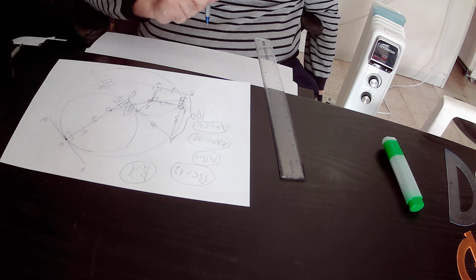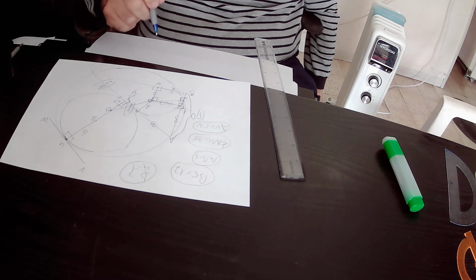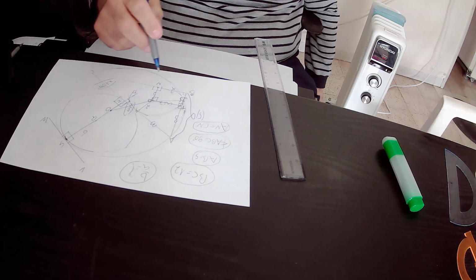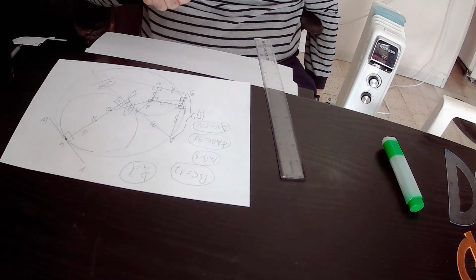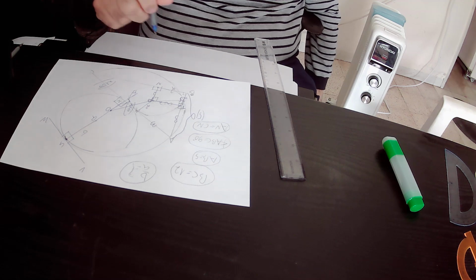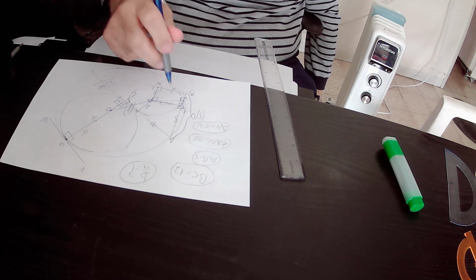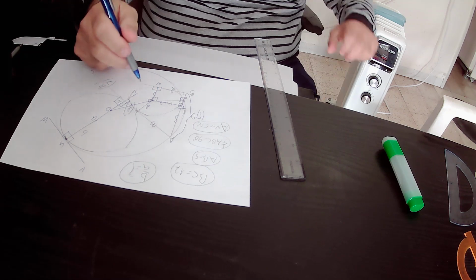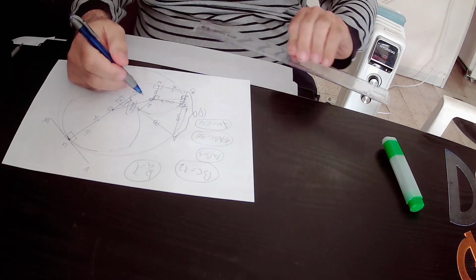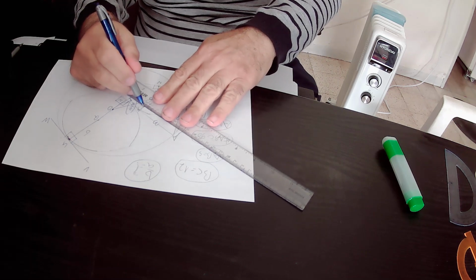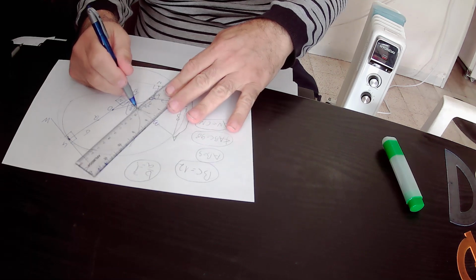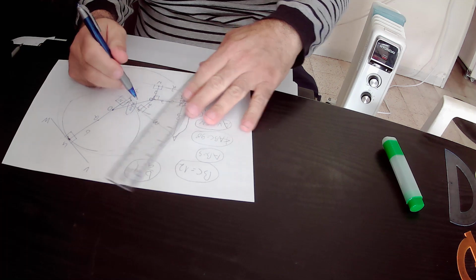The radius PM is drawn to point M, that is the point of tangency of tangent AC with this circle. And whenever we have a radius drawn to the point of tangency, then tangent AC will be perpendicular to the radius MP. If AC is perpendicular to MP, it means that this angle equals 90 degrees, and this angle equals 90 degrees.